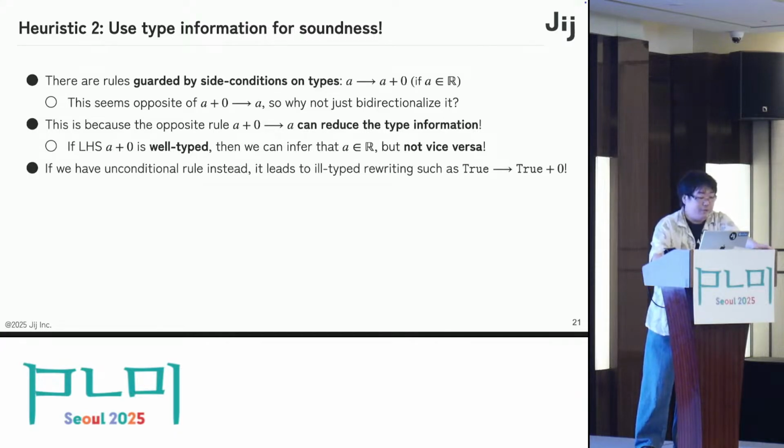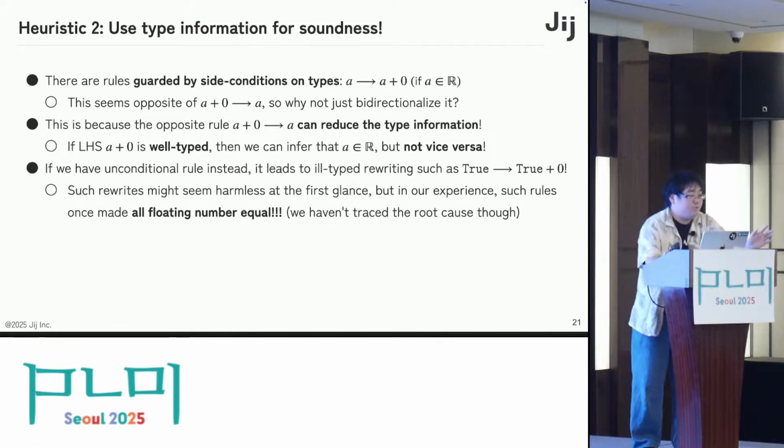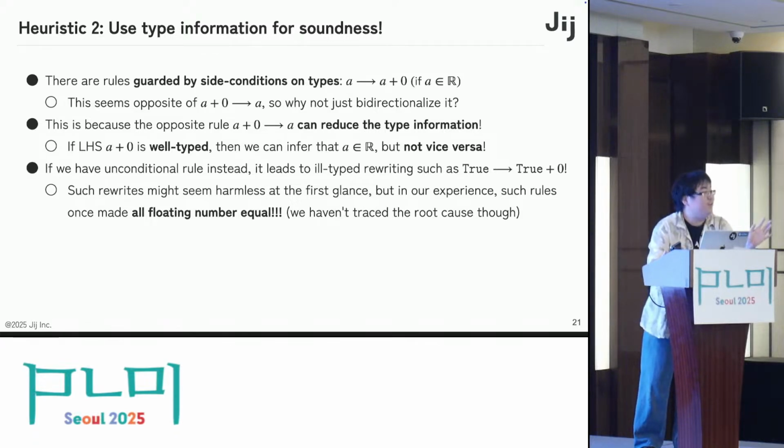So if we have an unconditional rule instead, it leads to ill-typed rewriting such as true to true plus 0, which doesn't make sense at all. Such a rule might seem harmless at first glance, but in our experience, indeed such rules once made all floating numbers equal. For some reason, we couldn't make out the exact reason, but it does happen.